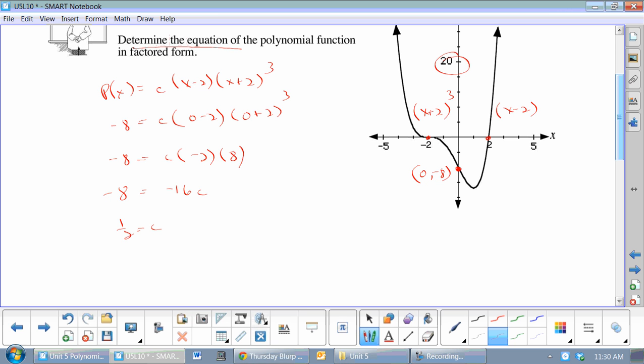So the equation would be p of x equals 1/2 times x minus 2 times x plus 2 cubed. If you know the other objectives, this is a really easy one.